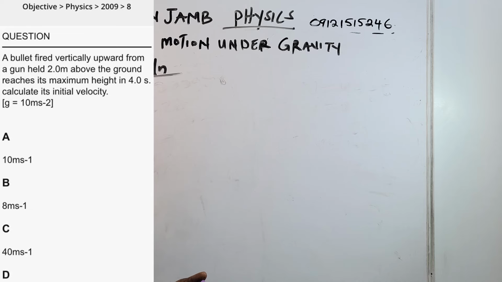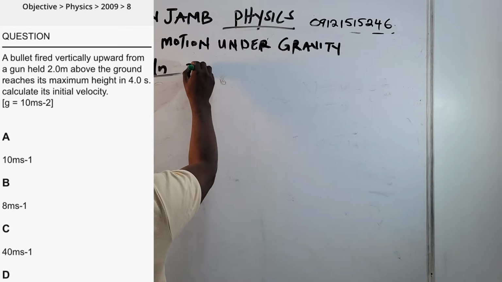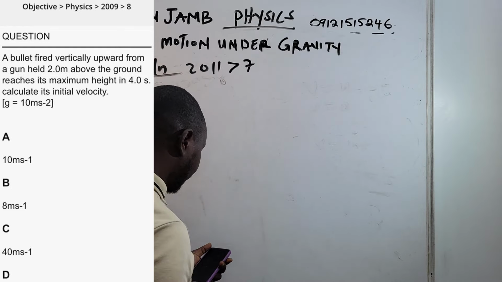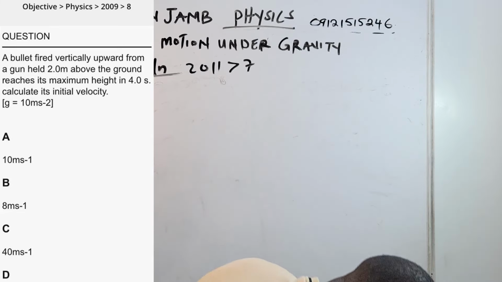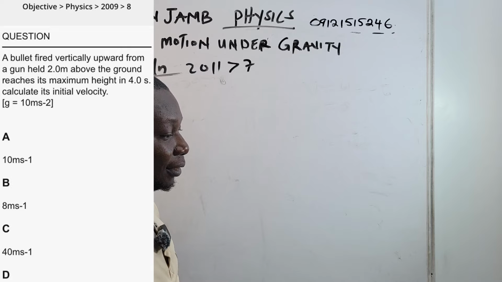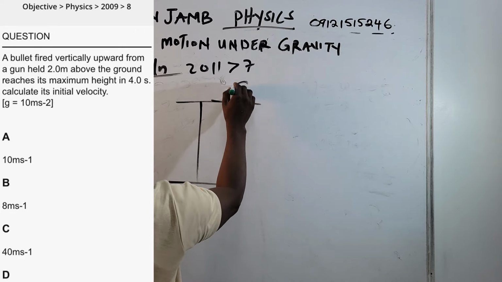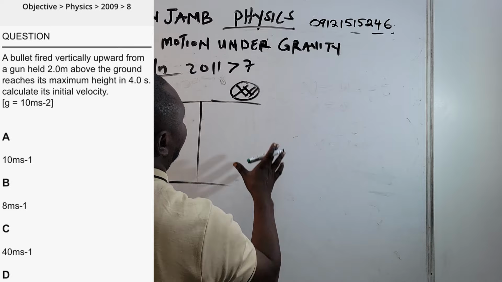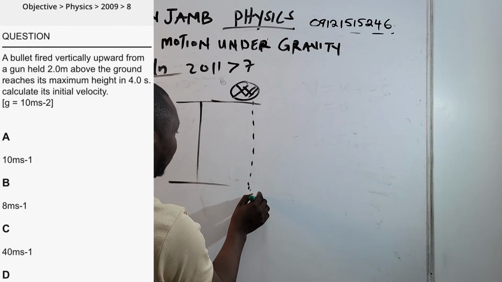Okay. Now another question, 2011 question 7. It says, if it takes an object 3 seconds to fall freely to the ground, let's say the object is a stone, initially here before falling down to the ground.